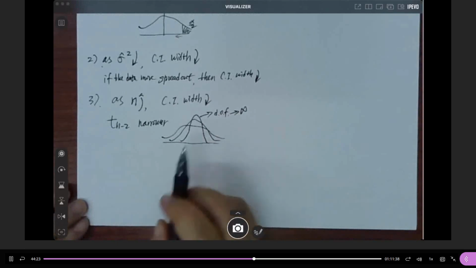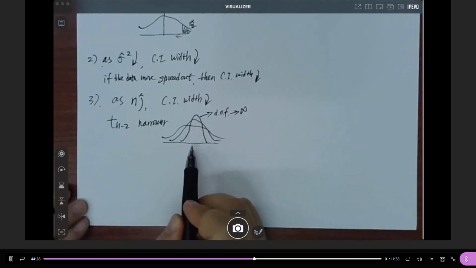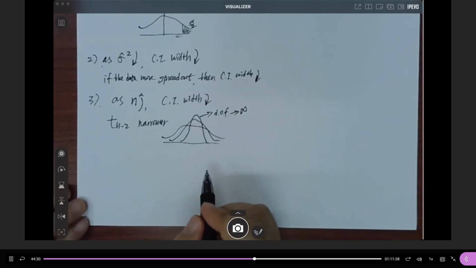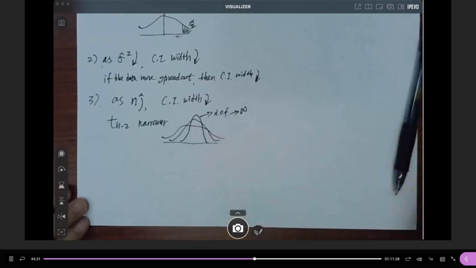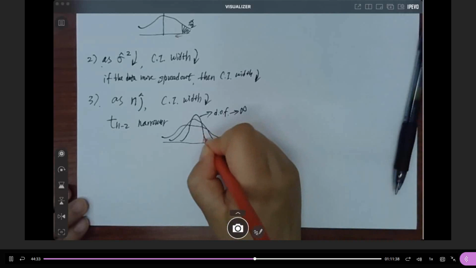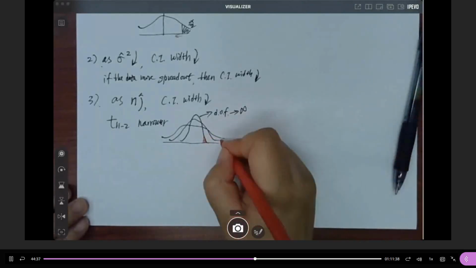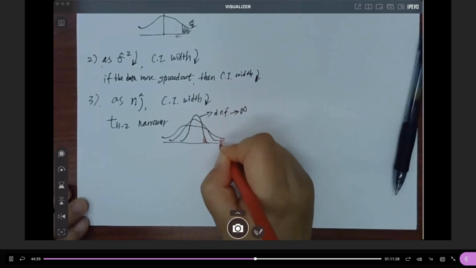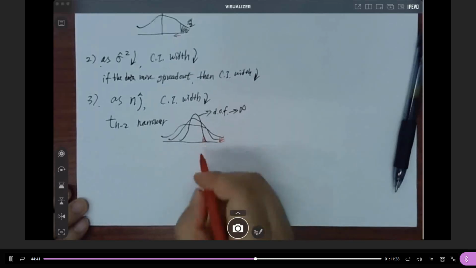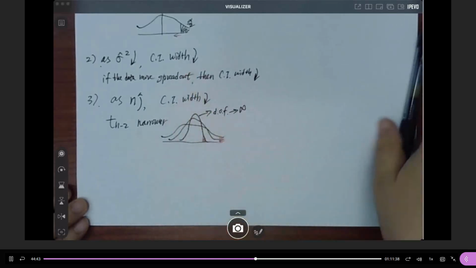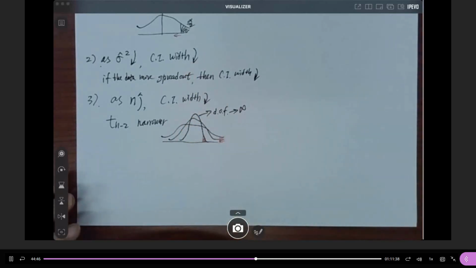So with degrees of freedom approaching infinity, you will have a very sharp distribution. When it becomes sharp, it becomes narrower, right? Because most data points are located around the center, which is 0. So when you look for the area under the curve alpha over 2, you would look for something here, right? The threshold becomes here, compared to the flat one, where the threshold value is here. So the threshold value will be closer to the center.